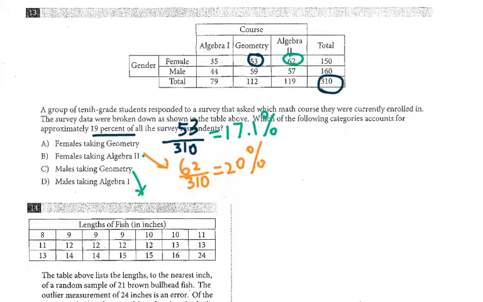So we have 59 over 310. Your answer will be 19.0%. So that's why C will be the answer.